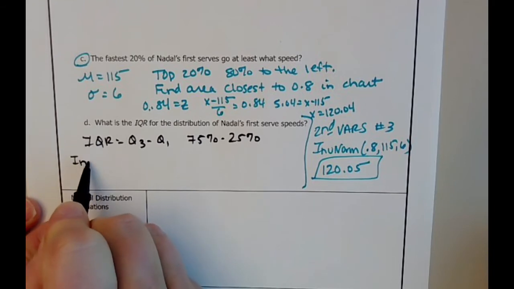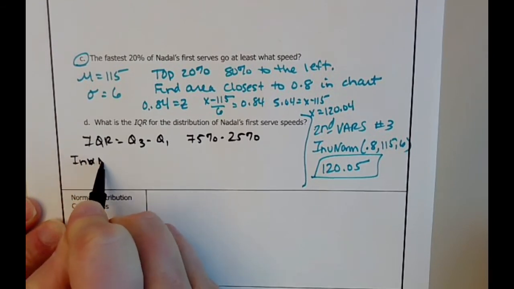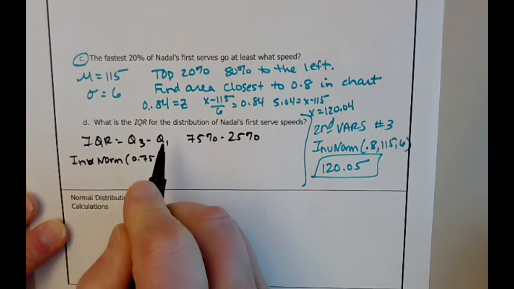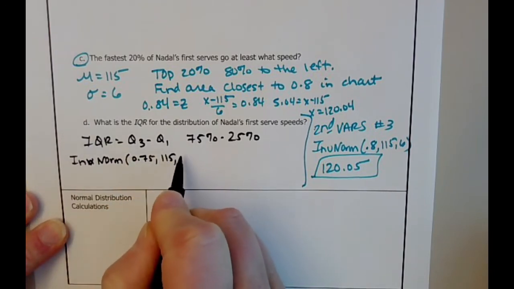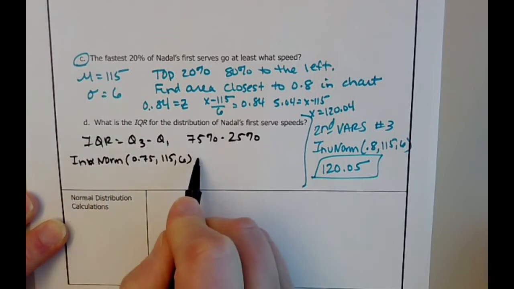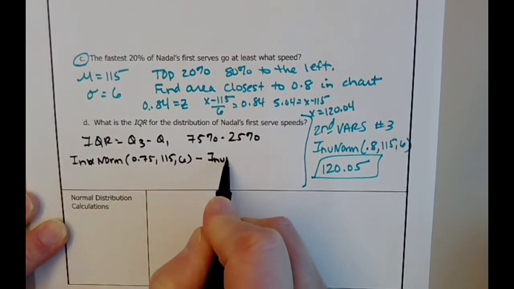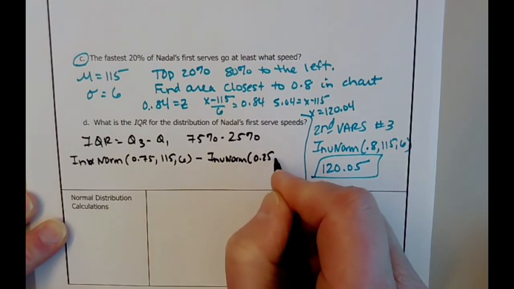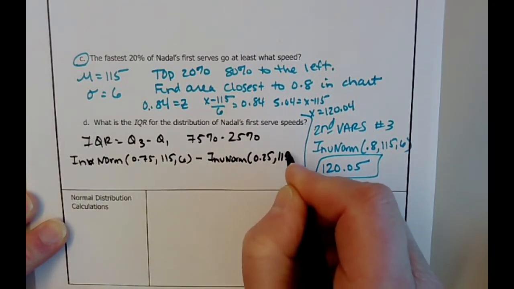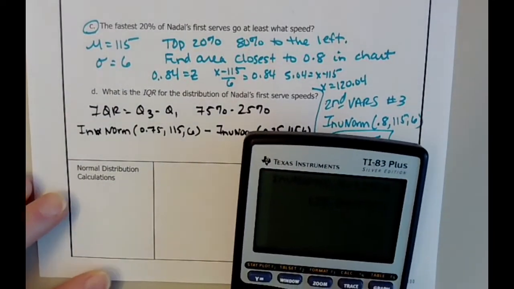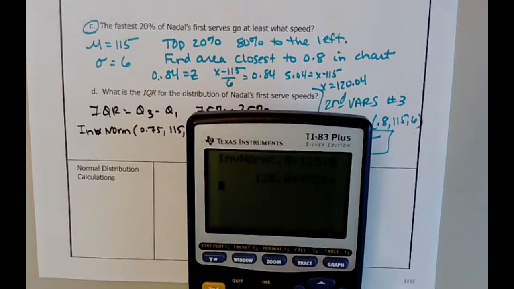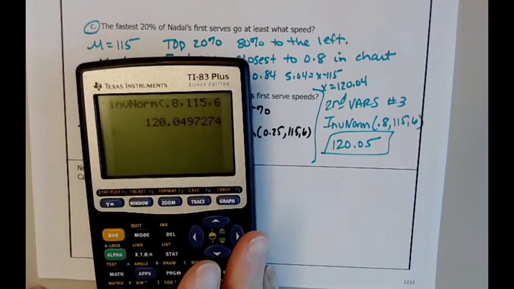So inverse norm 0.75, 115, and 6, and we're going to subtract inverse norm 0.25, 115, and 6, and that makes it so much easier than doing it by hand.